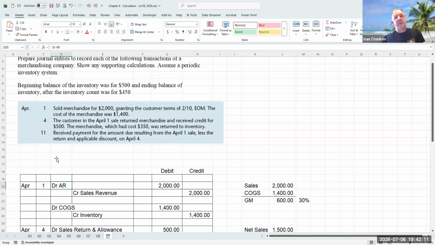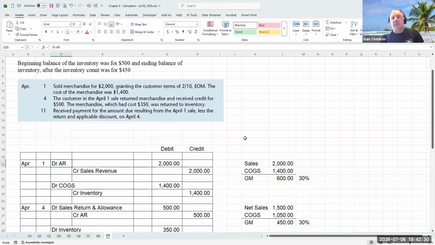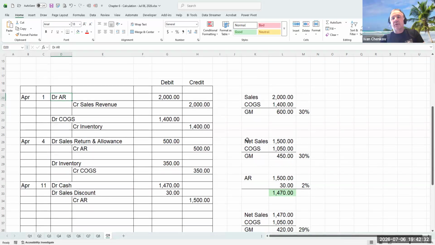We need something more here in order to be realistic. We need the purchases as well. That will be the last piece of the puzzle. We need the purchases, so let me add the purchases. Let me see what we're chasing as a goal here.